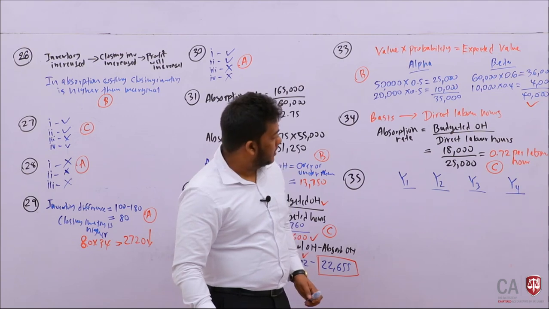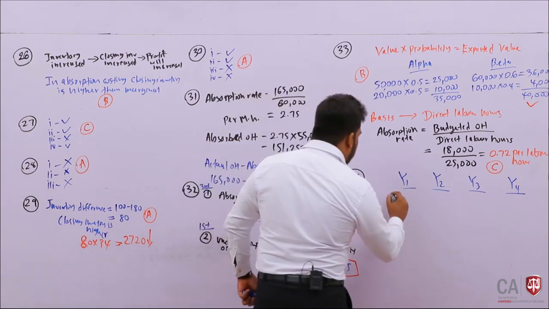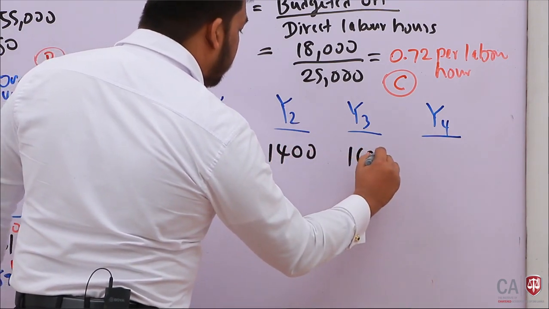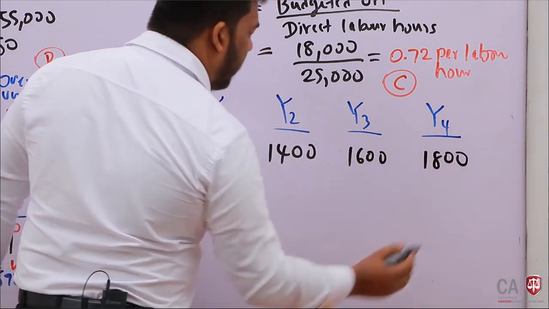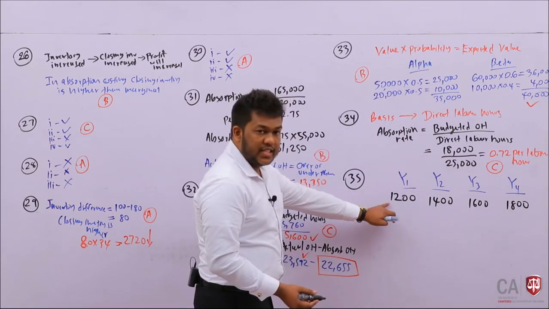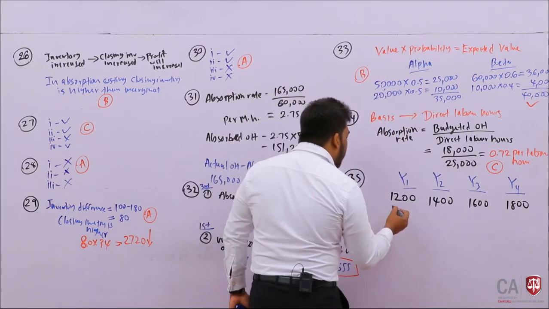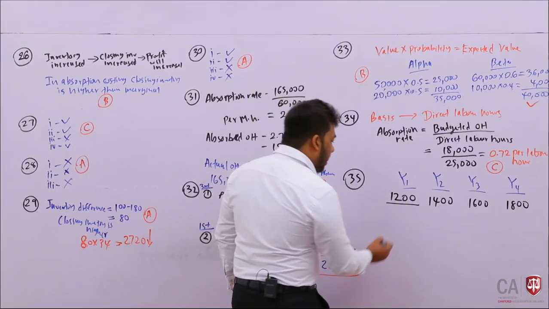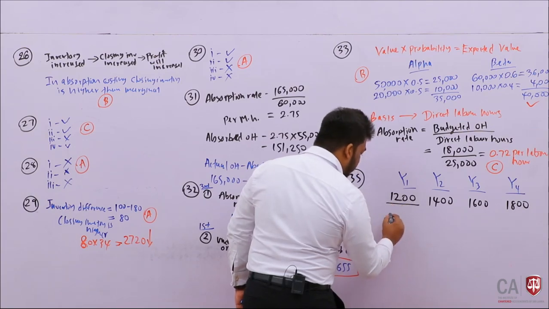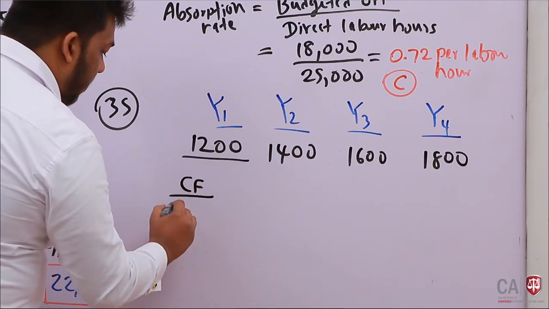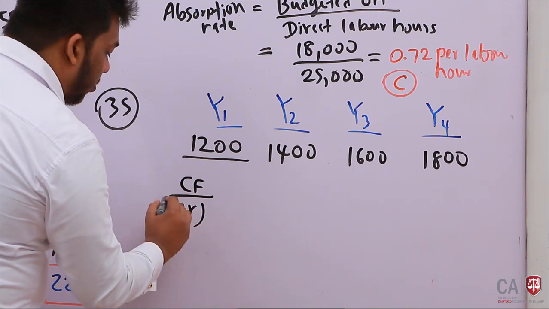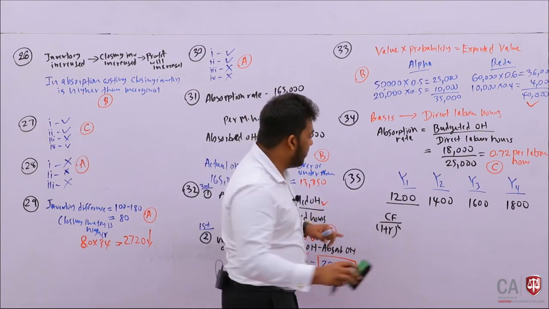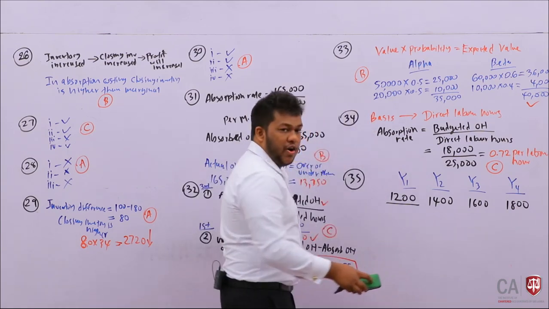Year 1, how much? 1,200. Year 2, 1,400. Year 3, 1,600. Year 4, 1,800. How to get this? You can use the discount rate: cash flow divided by 1 plus r to the power n. The cash flow is given, so you have to put the others.